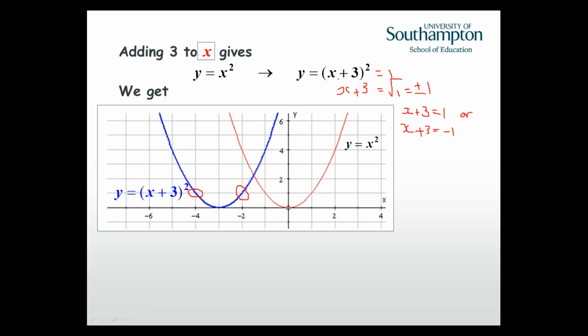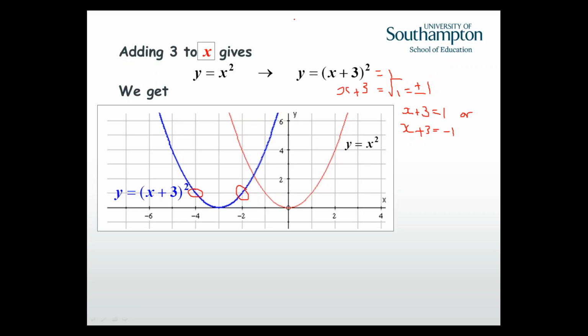So although it might seem counterintuitive that when we add 3 to x, it moves it to the left, it's again because of the fact that we are solving this little equation when it equals the y value. It's the same reason why the sign changes between the factor and the root. Ultimately, I give this explanation, then I say to the kids, okay, when it's y values you're adding to, it does what it sounds like.